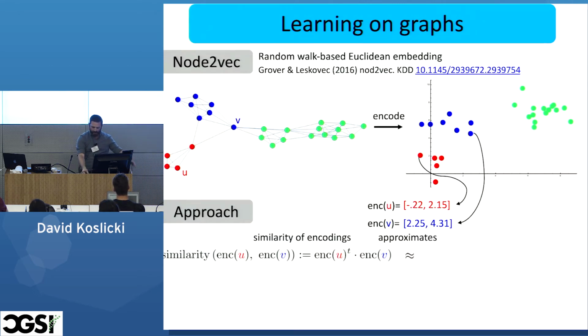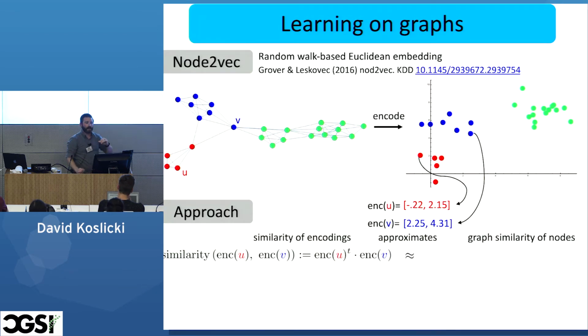We want that similarity to approximately represent something about the similarity of the nodes in the graph. In other words, if two nodes are basically completely identical in the graph, we want their encodings to be very close to each other. If two nodes are extremely different in the graph, we want their embeddings to be basically perpendicular to each other.